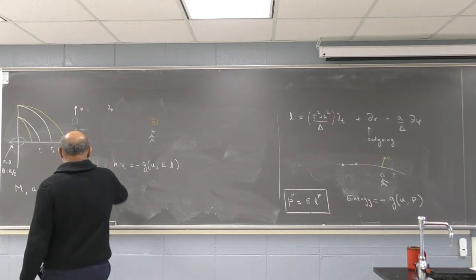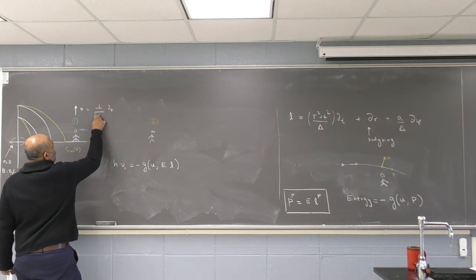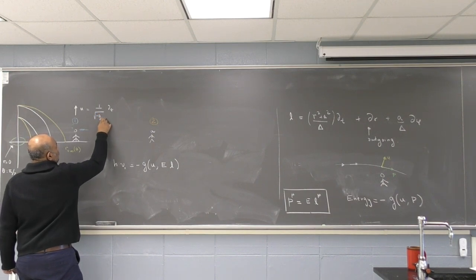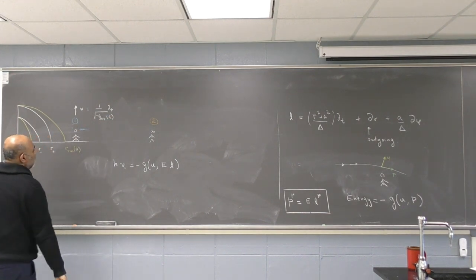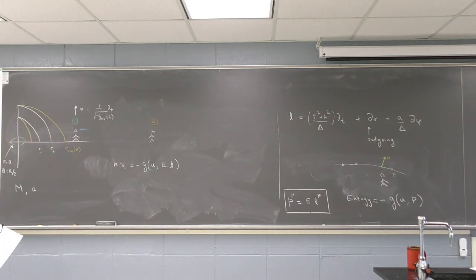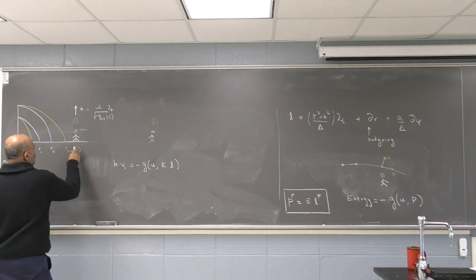Well, u has to be normalized, so minus g tt, located at some r1, because it's observer 1. And we're going to evaluate this at r1, this location here.